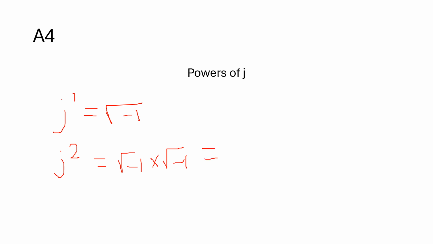Remember, when you multiply square roots of numbers that are the same, the square roots will cancel out. So the answer here will actually be -1. Okay, I hope that makes sense.